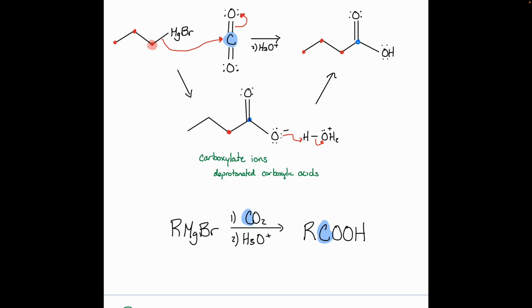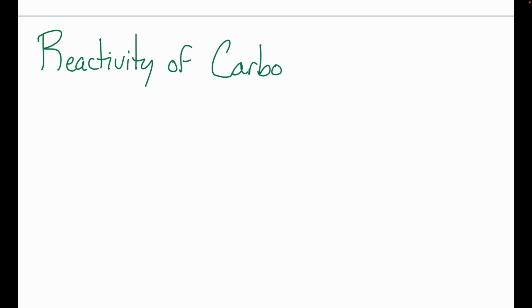Cool. All right, now we're going to look at our carboxylic acid derivatives. But what we're going to do is rank them, what we call the reactivity of carboxylic acid derivatives.